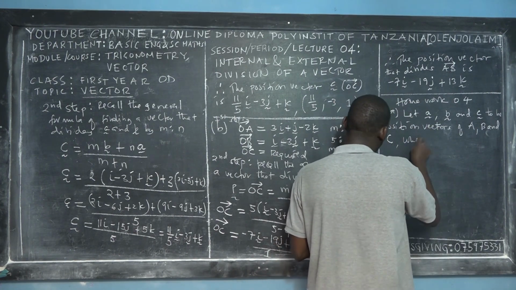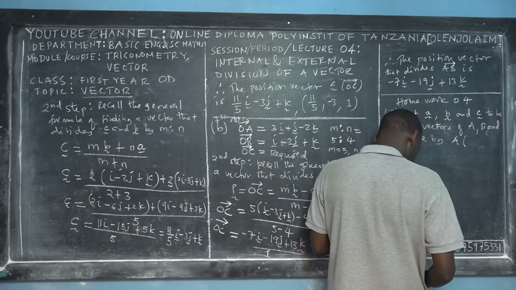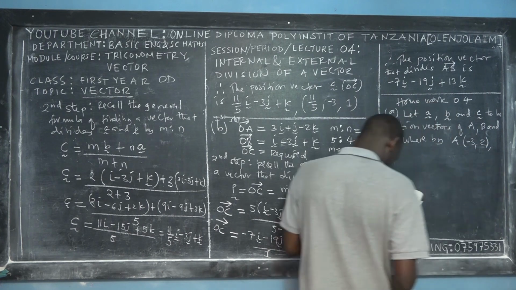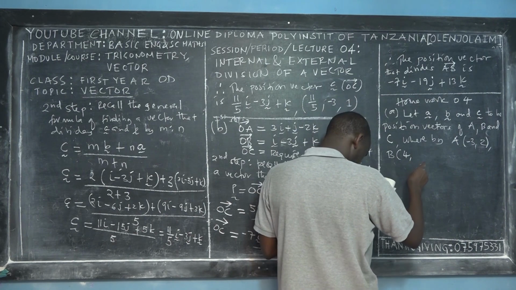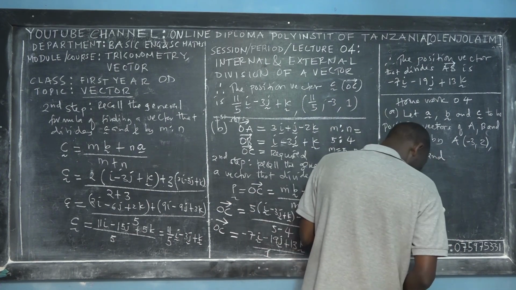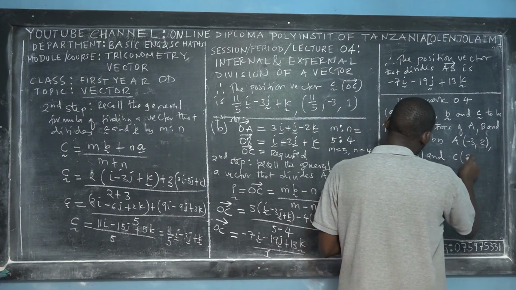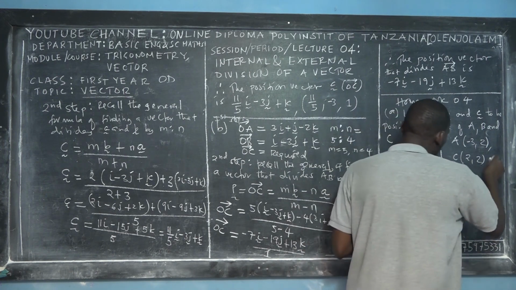Whereby point A has coordinates of negative 3, 2. Point B has coordinates of 4, 5. And point C has 2, 2.